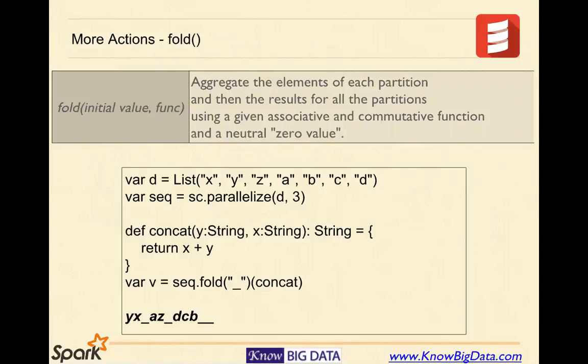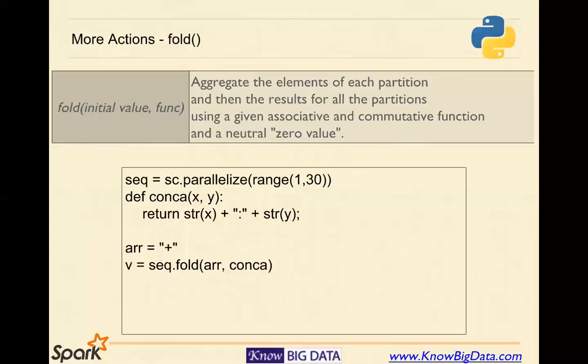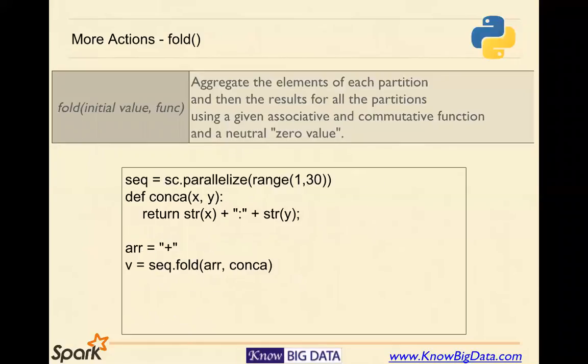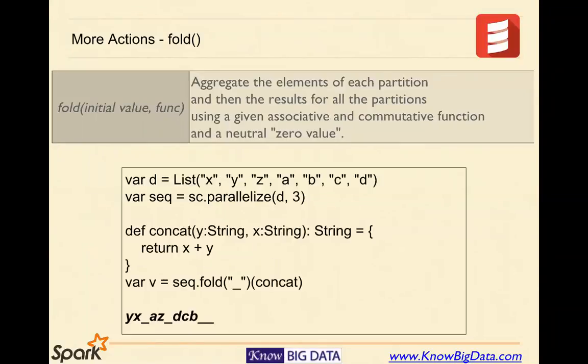Now let's move on to a very interesting function called fold. It aggregates the elements of each partition and the results of all the partitions using a given function and a neutral zero value. So it's very similar to the reduce function, just that the initial value, the zero value, you can provide.